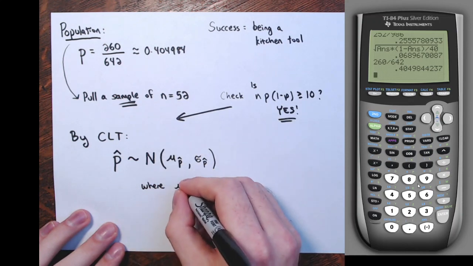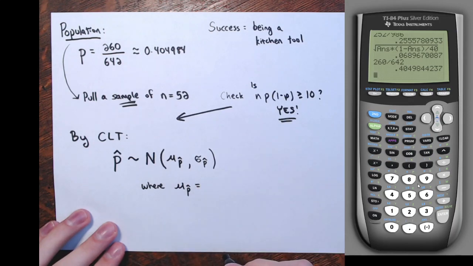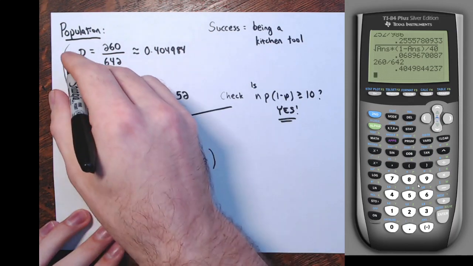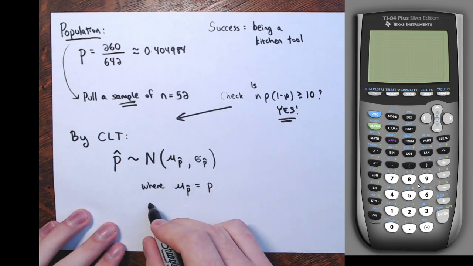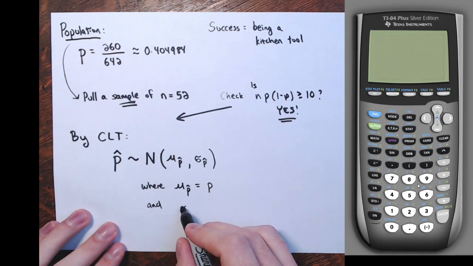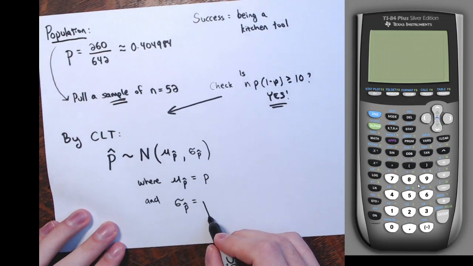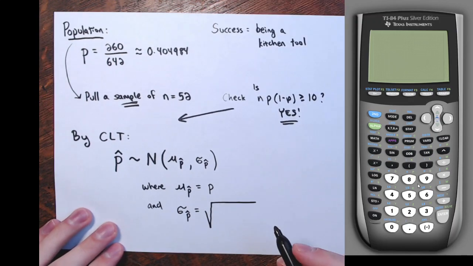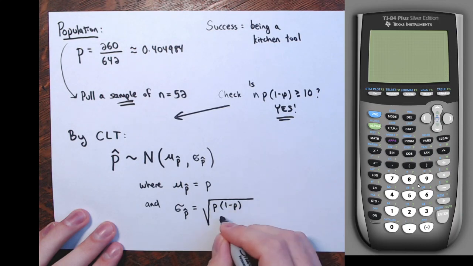Again, mu p hat, the mean of all those sample proportions, would just be the population proportion, and the standard deviation of all those sample proportions, for samples of size 52, would be the square root of the population proportion times 1 minus the population proportion, divided by the size of the samples.